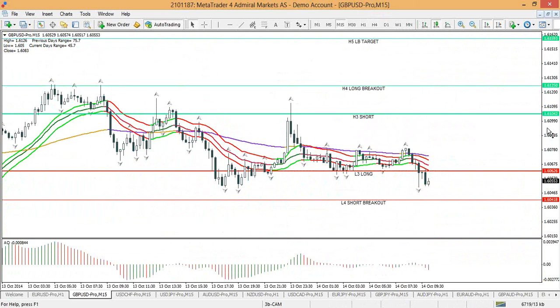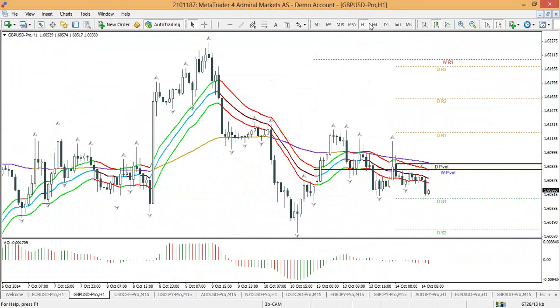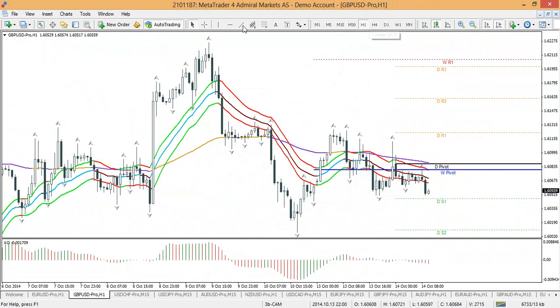In fact, if anything, this is more ripe for a short, to be honest, if I look at all this evidence and all these factors when looking at Camarilla and pivots and trends. One might even wonder if we didn't break a trend line like this and already on the hourly chart break the triangle to the downside here.